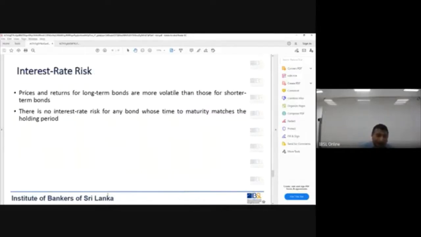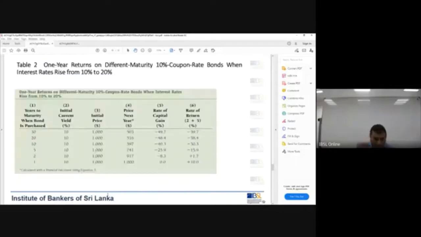This may be difficult for you to grasp at once, simply because you are not used to this type of analysis, but get the message across. As I was mentioning, the impact of interest rate change is stronger for longer tenor assets in comparison to shorter tenor assets.